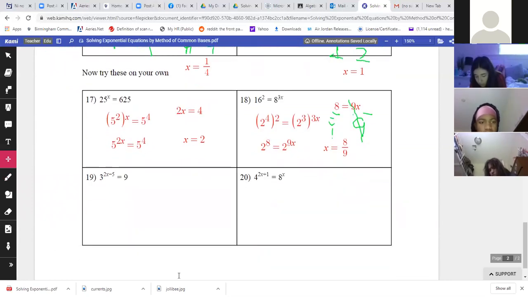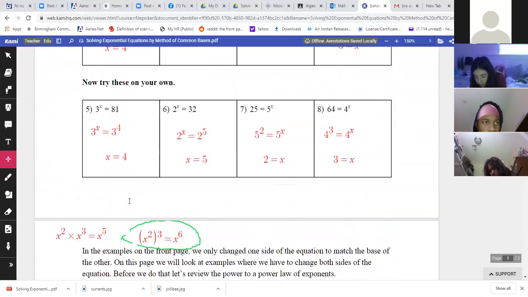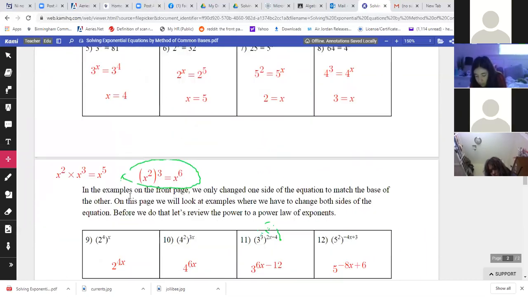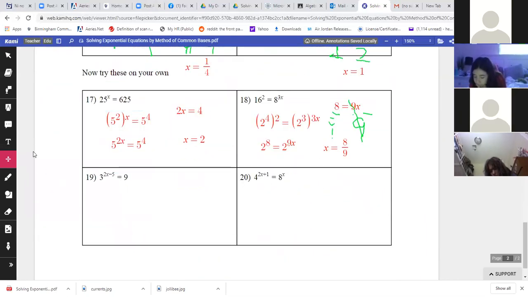And number 19, 3 to the 2x minus 5 is equal to 9. Well, 3 is already a base, so I don't need to change the 3. I'm just going to change 9 to 3 squared. So this will become 3 to the 2x minus 5 is equal to 3 squared.